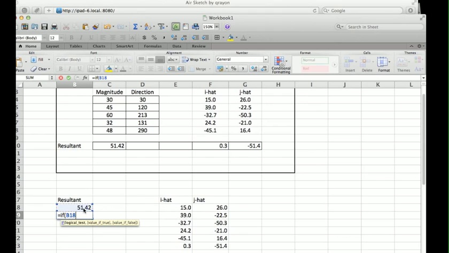So I usually go like if that cell is less than like 0.01, then comma, let's see, print none, comma, otherwise go ahead and print that cell. That should work.